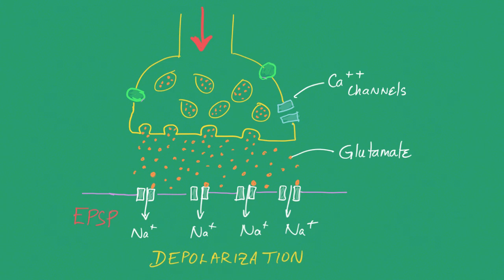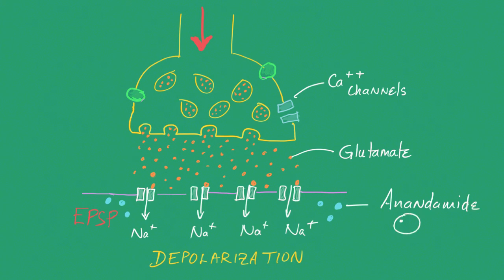In order to counter the effect of glutamate, postsynaptic neurons often produce another neurotransmitter called anandamide, that is shown in blue. The word ananda in Sanskrit means joy or bliss.